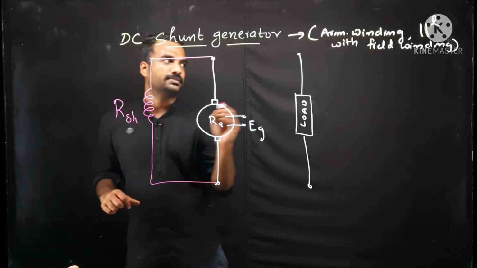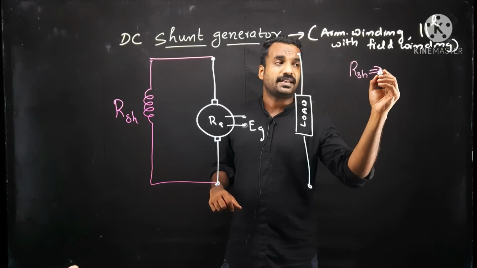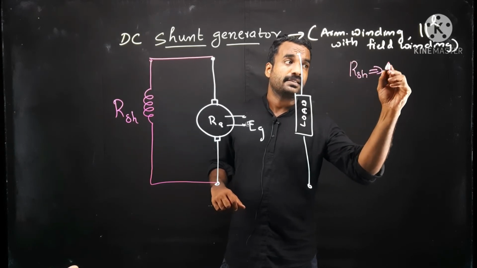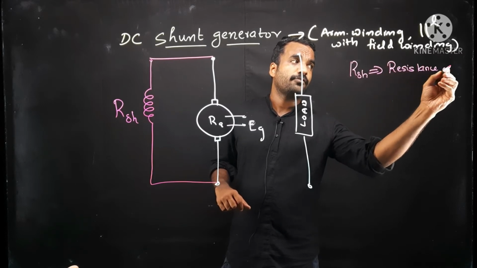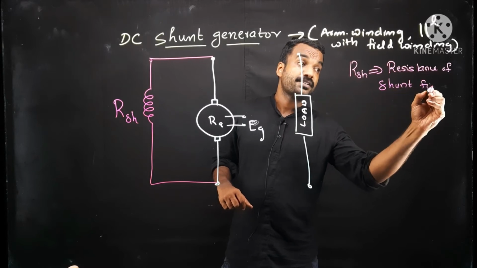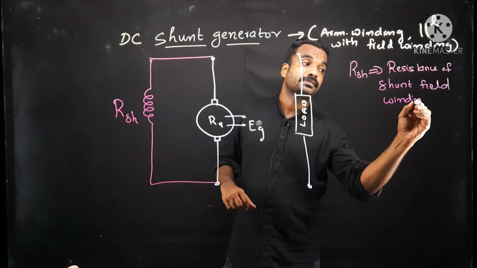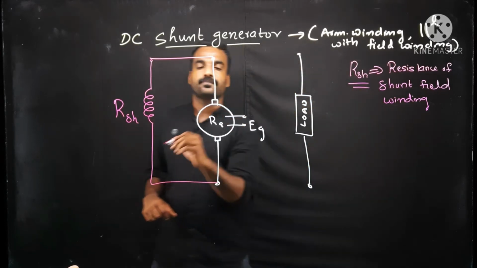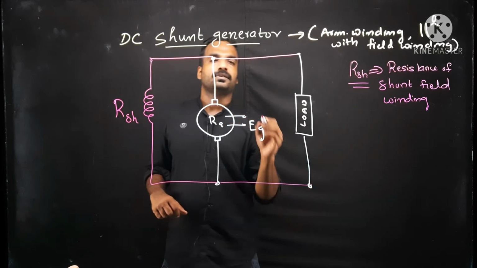This is the resistance RSH. What is RSH? Resistance of shunt field winding. So the shunt field winding resistance is given as RSH. Now we are connecting the generator to output terminals.